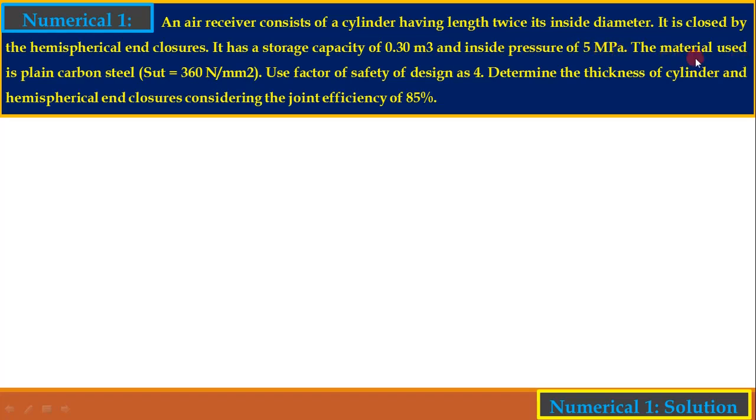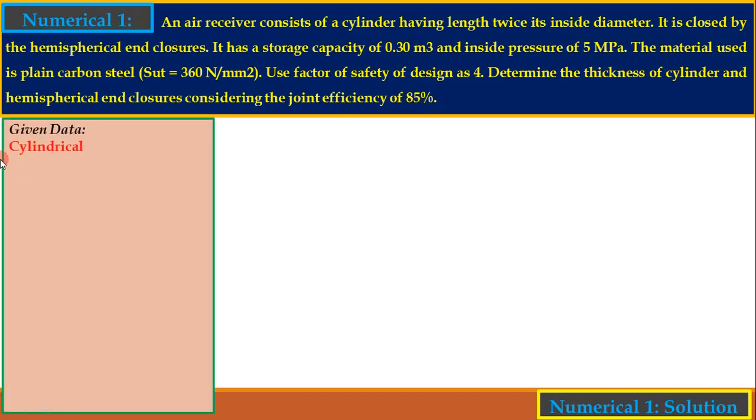The material used is plain carbon steel with SUT equal to 360 Newton per mm square. Use a factor of safety of design as 4. Determine the thickness of cylinder and hemispherical enclosures, considering the joint efficiency of 85%. With this problem statement, let us write the given data first.